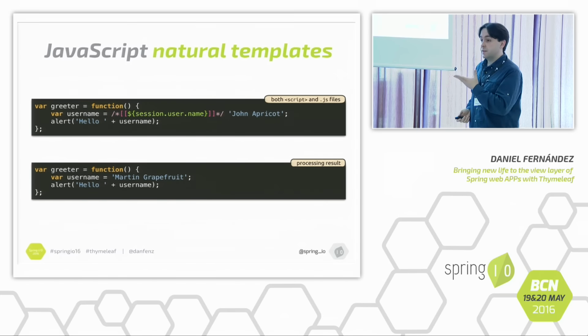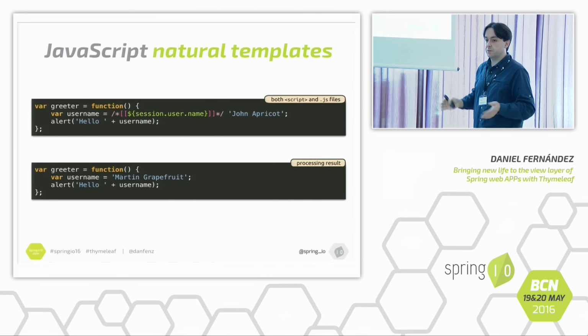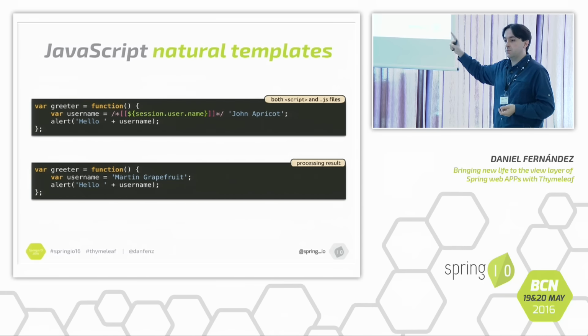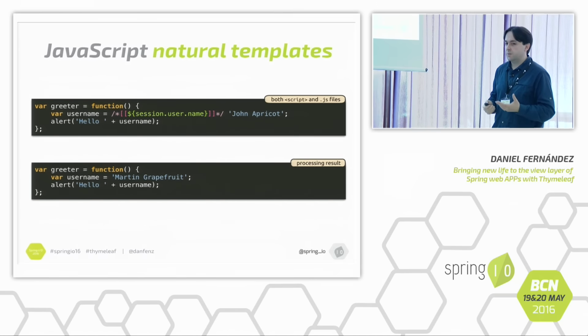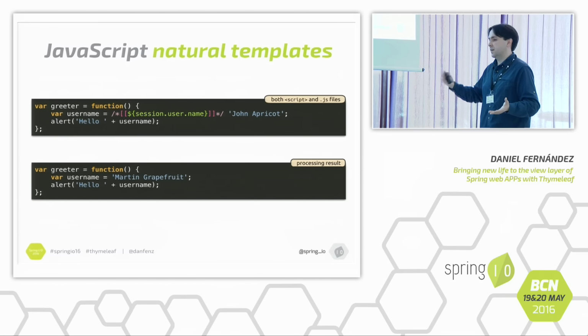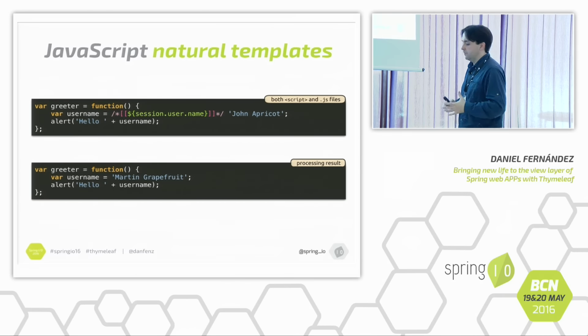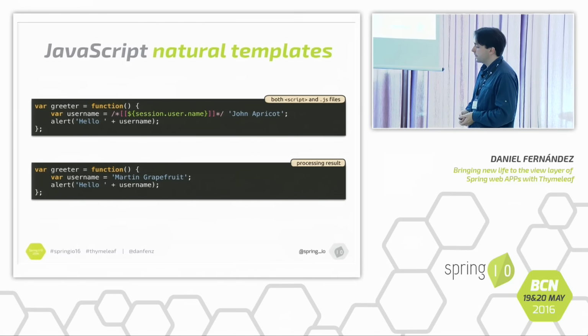When you just open it in a browser, the browser will perfectly execute it because it will just output hello John Apricot. That comment will be ignored. Your code will work perfectly fine. But when Thymeleaf executes that, it knows that it is a special inlining operation that requires not only evaluating the expression and outputting it, but also removing whatever comes after that comment until the semicolon. So the result will look like the one you see at the bottom of the slide. So you will have now a piece of JavaScript that looks right both statically and dynamically, which is another iteration in the natural templates idea.